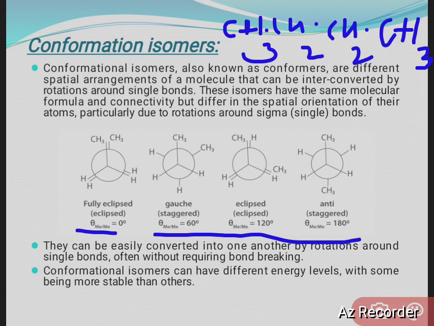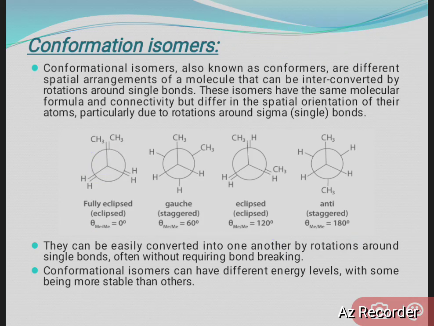Here, the second carbon is represented as a line structure, and the third carbon is represented as a circle. To these, the groups are attached. Here, there are four structures.